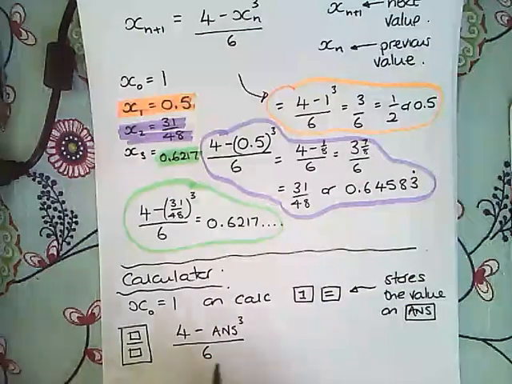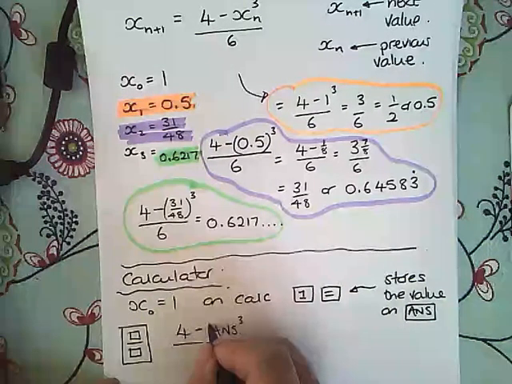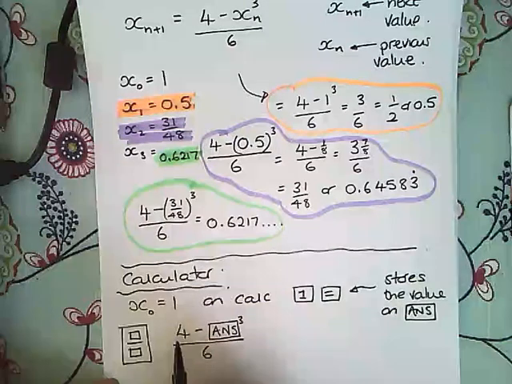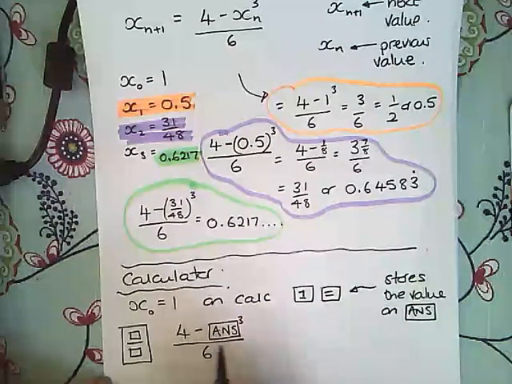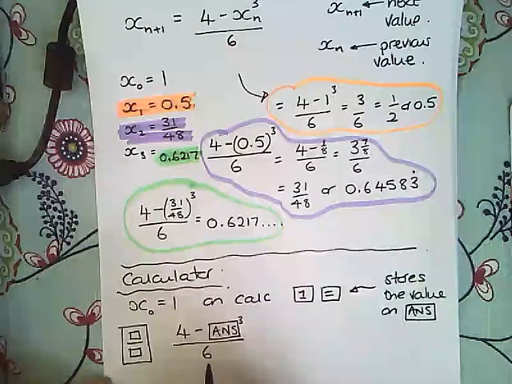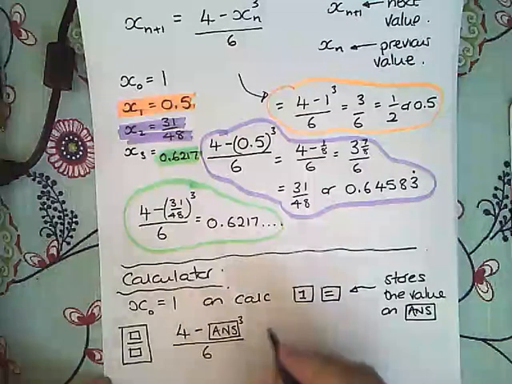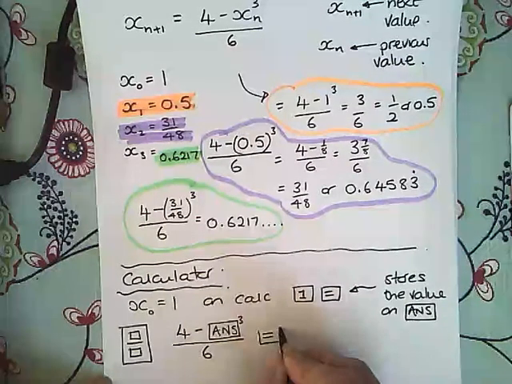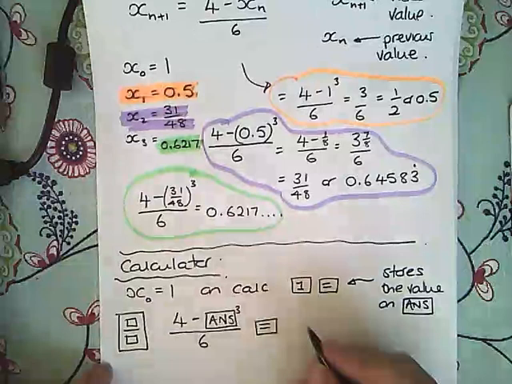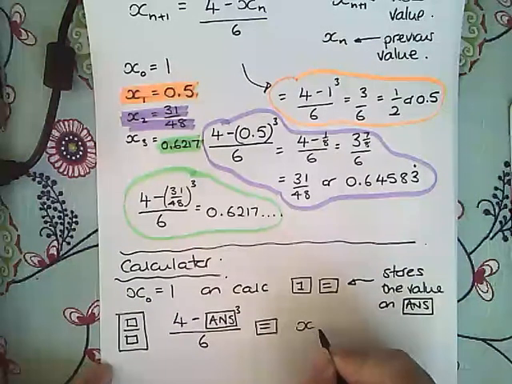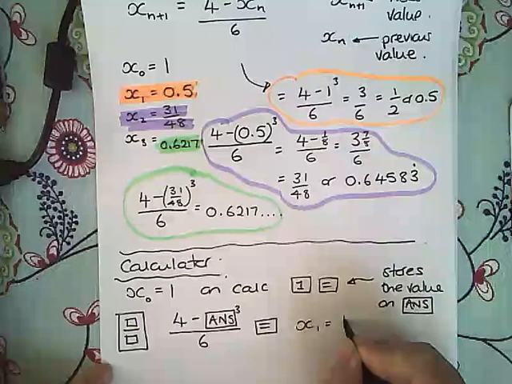Then you input your formula, whatever it is, using the answer button. So I used a fraction, 4 take away the answer cubed, all divided by 6, and then I pressed the equal sign. And that then gave me x1, which was a half.